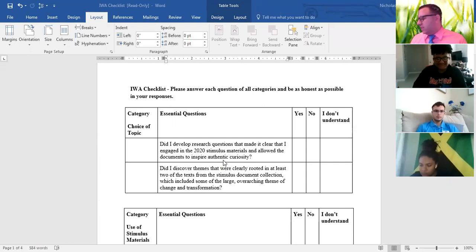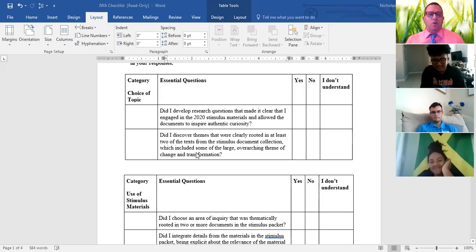What I did for this is I went through the rubric and I broke down each of the points on that rubric into specific questions. These are questions that you should go through for yourself with your draft, and you should ask yourself if you did these things specifically, okay?